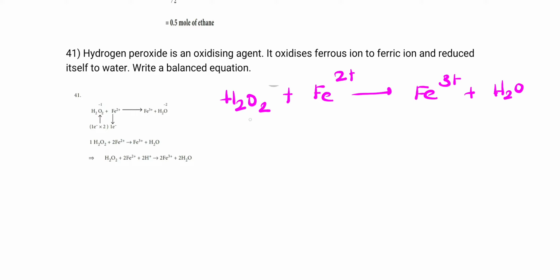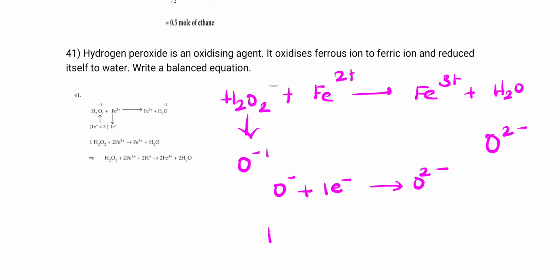Okay, now in this case, the oxidation state of oxygen is O-1. What does it change to? It changes to O2-. Okay? So the reaction is O- on addition of 1 electron becomes O2-. Similarly, in the case of Fe, Fe2+ is converted to Fe3+ on removal of 1 electron. Here you are adding the electron, right? That's why it is said to be reduction.